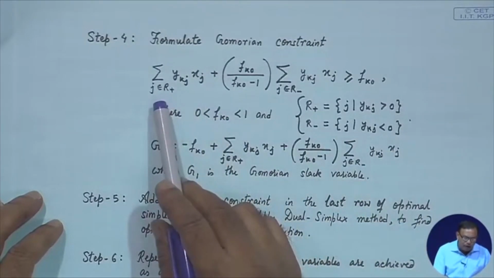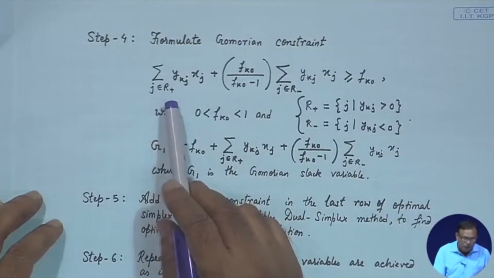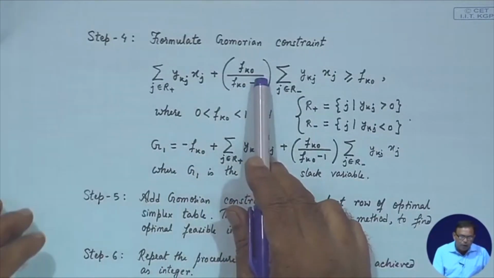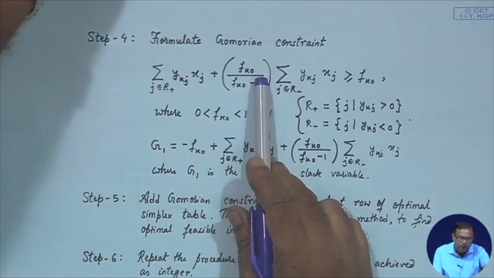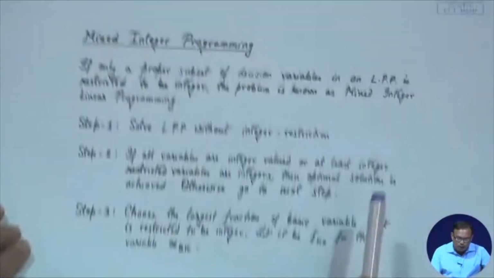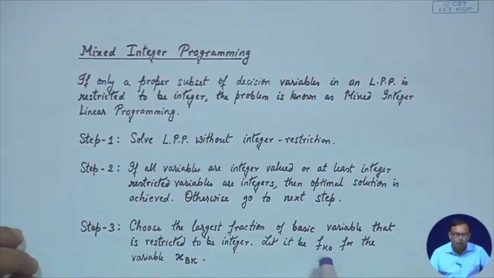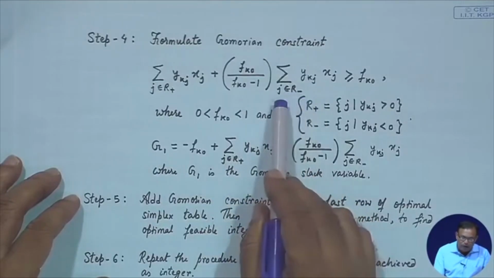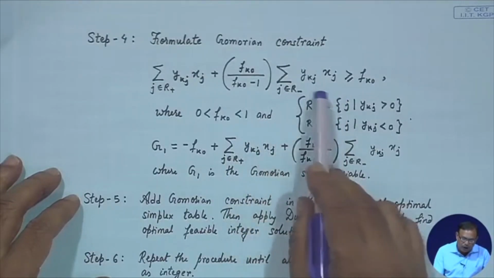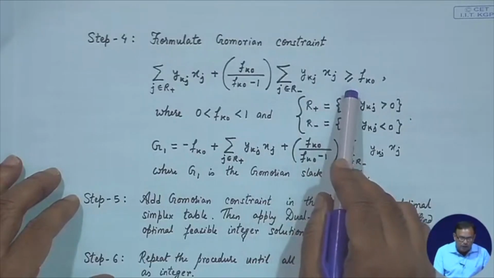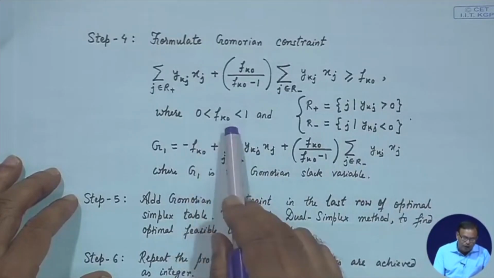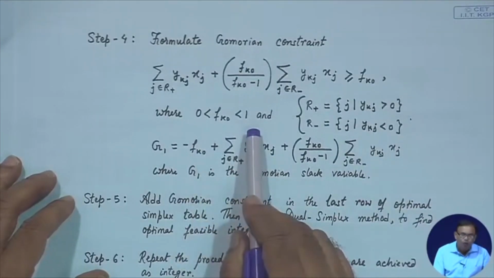So, I am formulating it like this: summation over j belongs to R plus y k j x j plus f k 0 by f k 0 minus 1, summation over j belongs to R minus y k j x j. This must be greater than equals f k 0, where f k 0 lies between 0 and 1. Again remember, this f k 0 is nothing but the largest fractional value corresponding to the variable x b k.